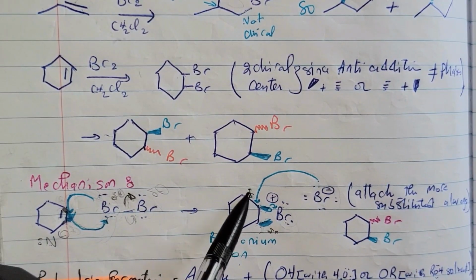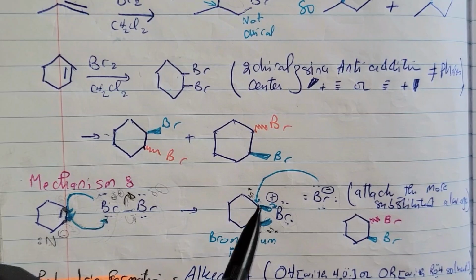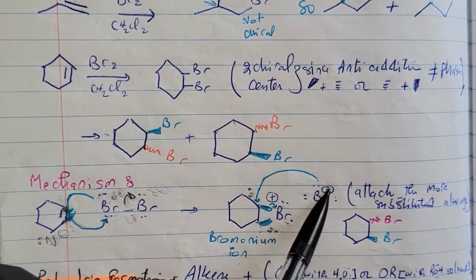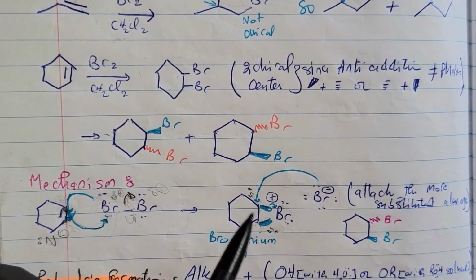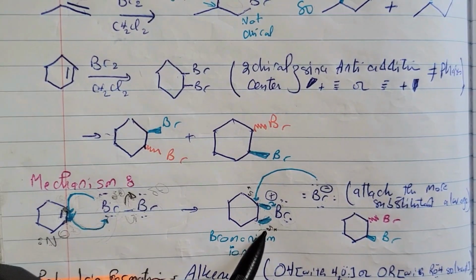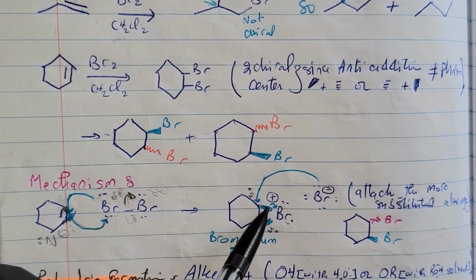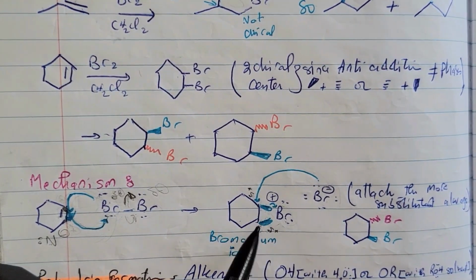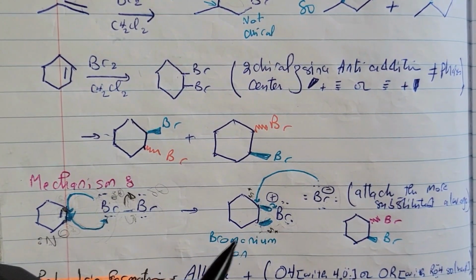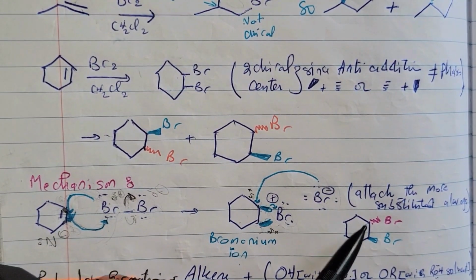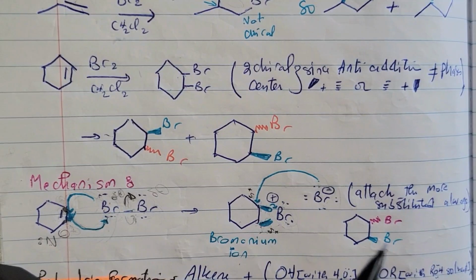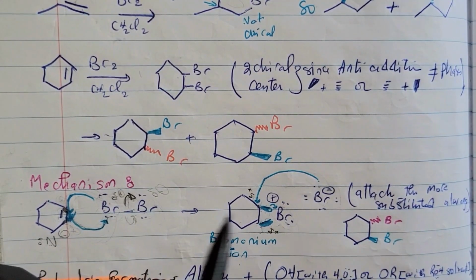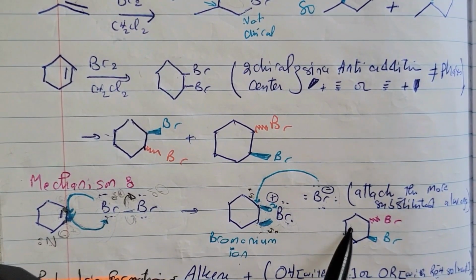Since it was partially positive, it's going to be neutral after adding the negative bromine atom. If we break this bond with the bromine atom, it's going to be stabilized, each with one bromine atom. So here we have two bromine atoms linked to cyclohexane.